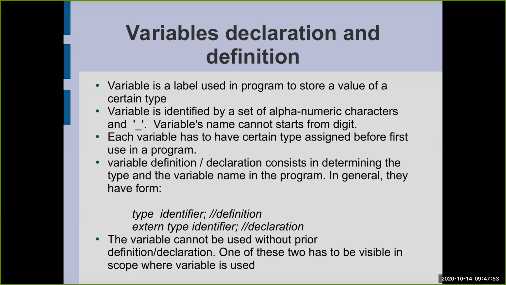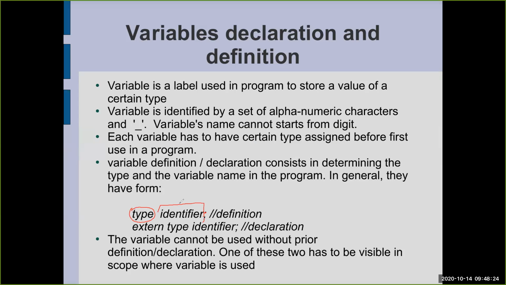So when I'd like to create a variable in my code, I have to define a type and an identifier. Those are our two elements.